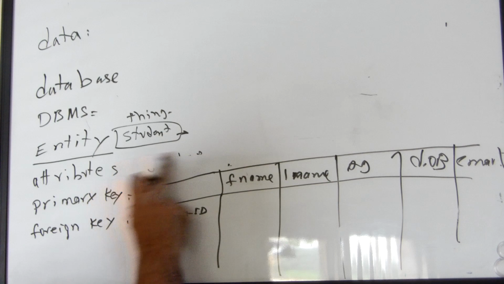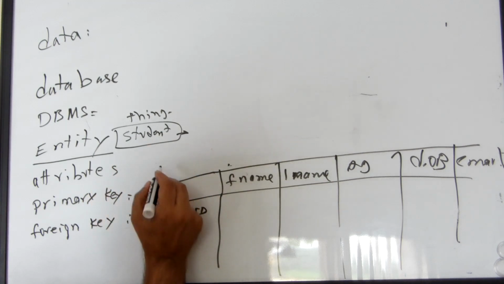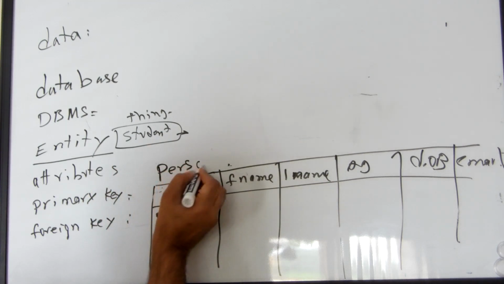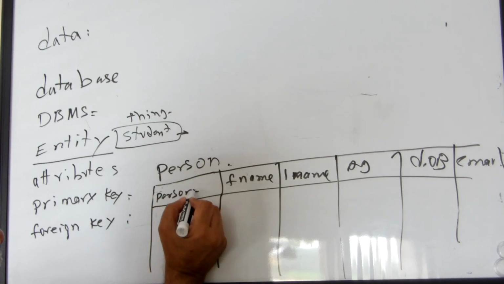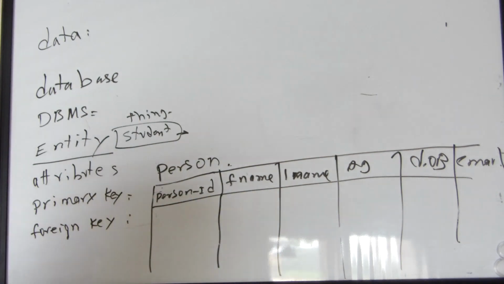The name of the table is person, and then you have the person ID, because you want to recognize this person.